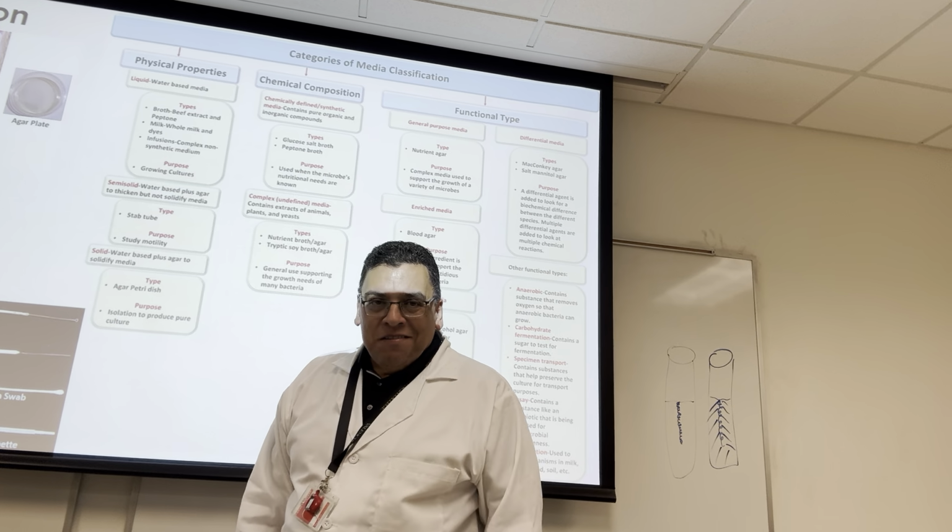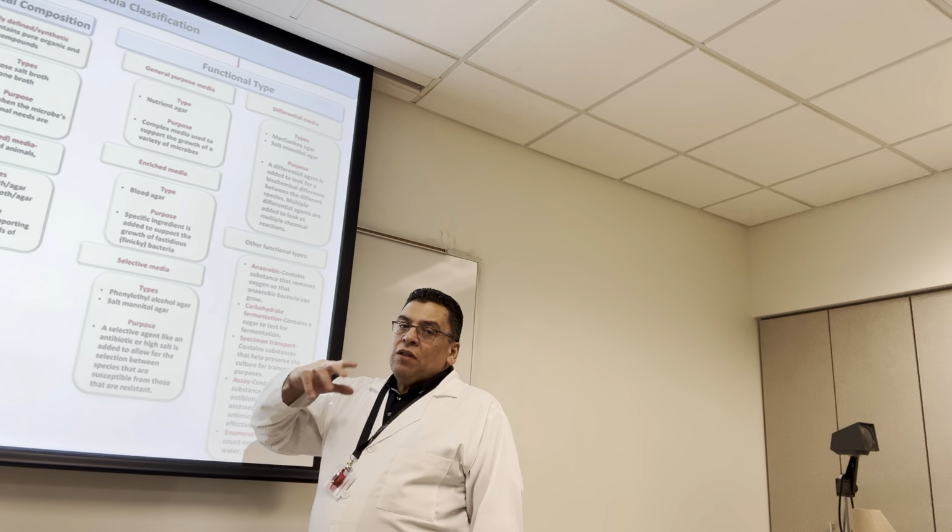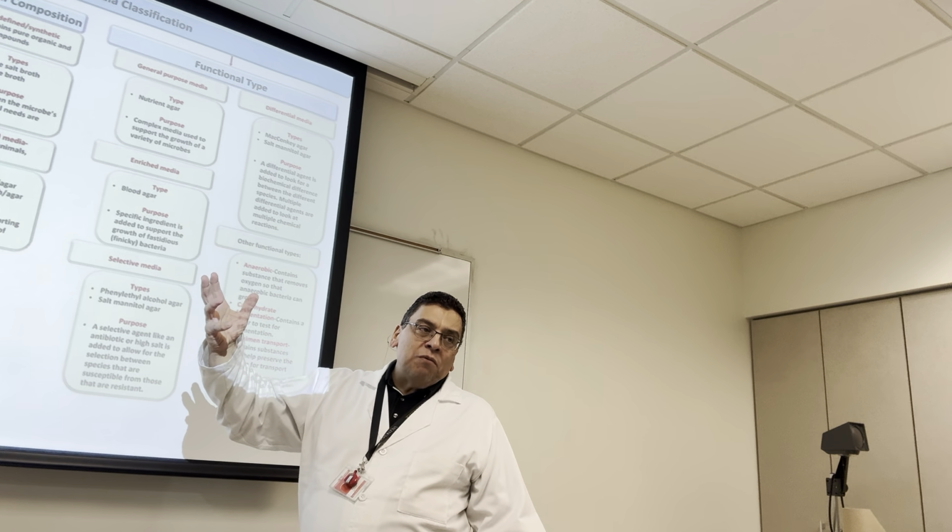A resistant bacteria will not be hurt by the salt or the alcohol. Well, that depends on which bacteria we're talking about. So some bacteria are resistant to alcohol, but not the salt. Some bacteria might be resistant to all the three examples I gave you. Some of them might be susceptible to all the three examples I gave you. We're going to find out when we set up those plates.